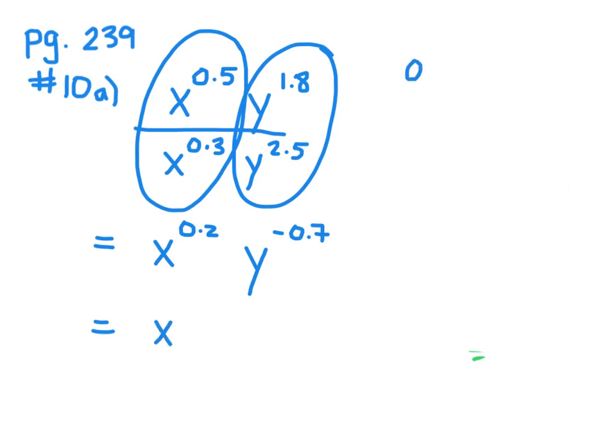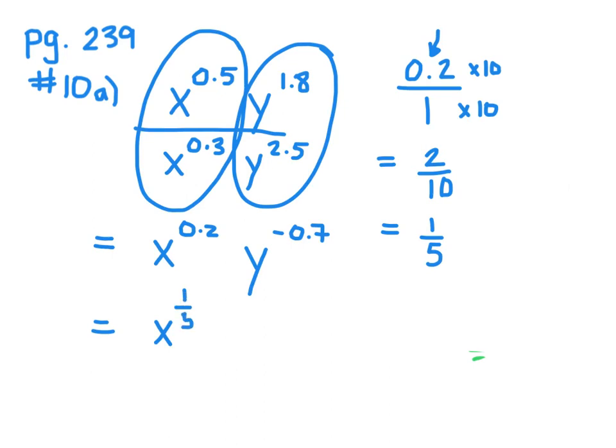I know 0.2 is a fifth, but if you didn't know that, it's 0.2 over 1. If you multiply both top and bottom by 10 to get rid of the decimal, you get 2 over 10. And 2 over 10, if you divide both top and bottom by 2, is the same as a fifth. So this is x to the power of a fifth.